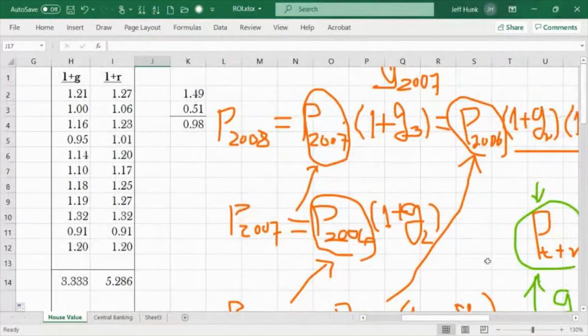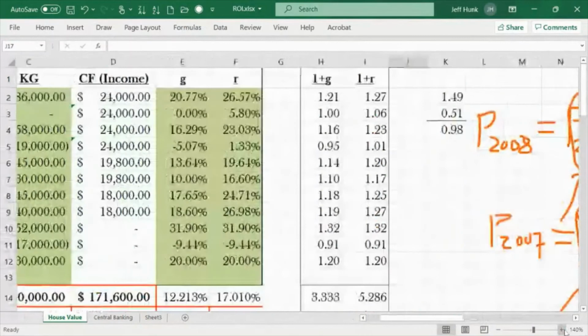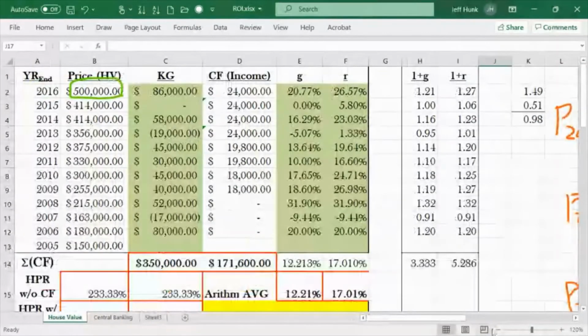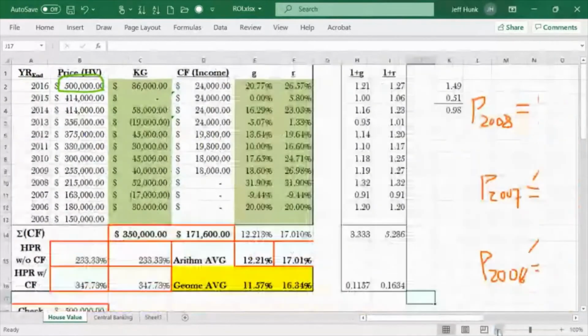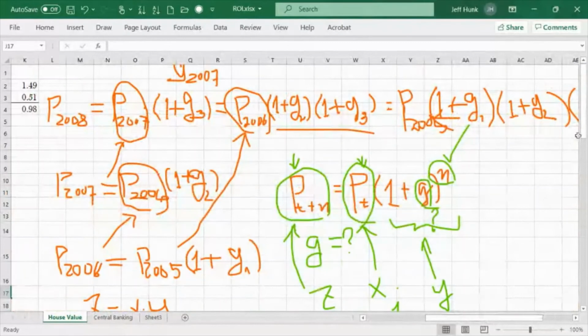Let's think about why that is the case. So let's go back to our data. Now let's think about it. What is the price of 2006?